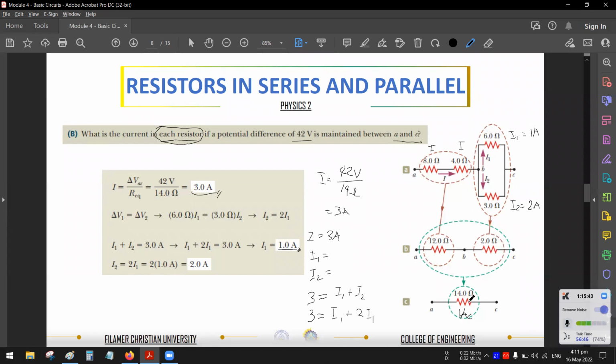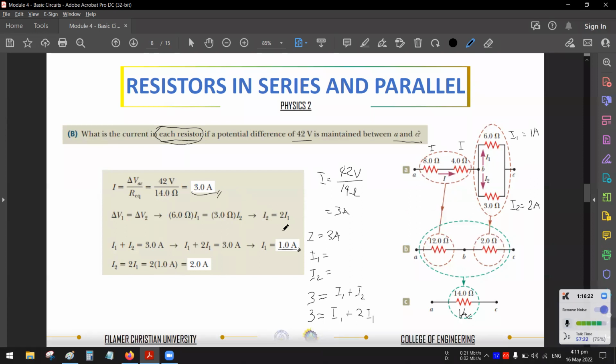Dinivide natin sa 14 ohms yung voltage across these resistors, tatlo. Then kinuha natin yung equivalent current niya. Yung supplied current niya is 3 ampere dito sa loob. Pero kinuha natin yung current from point A kasi magiging point A na lang din to eh. Diba? So between point A and point C. So between dito is point B. So ano ba yung current dito? So ito yung kinuha natin. Okay?